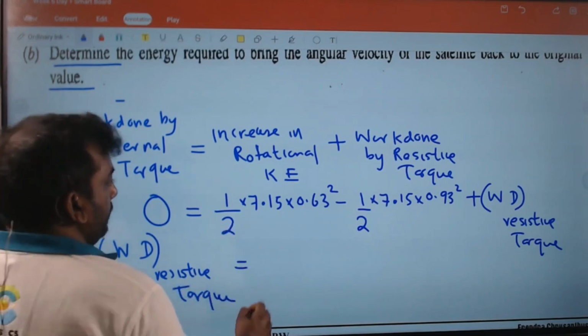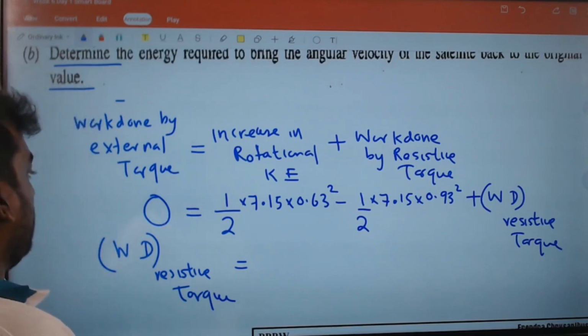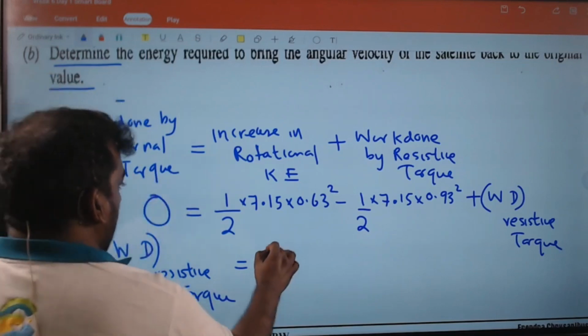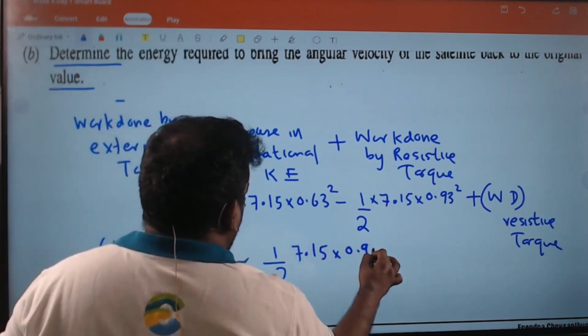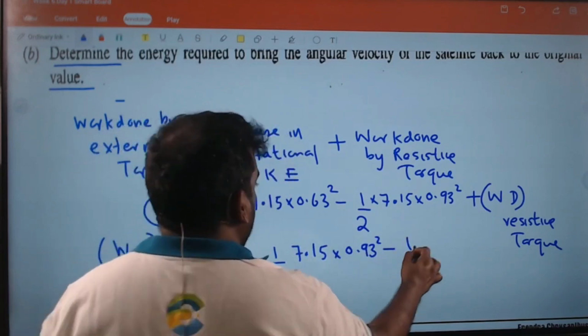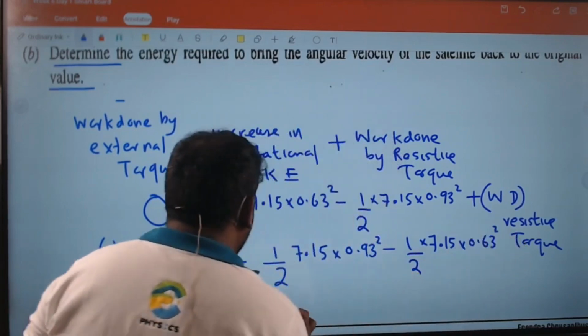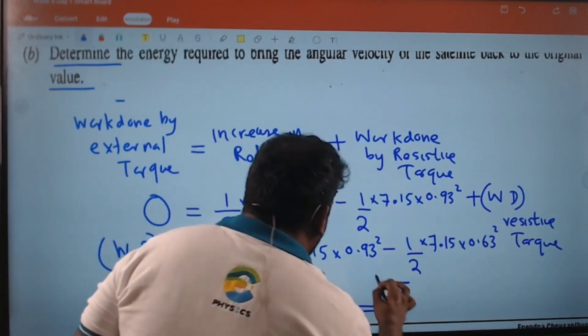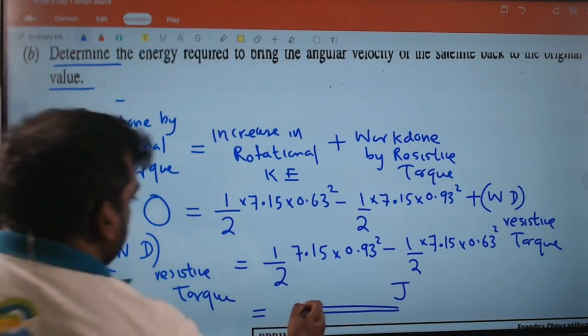Half times 7.15 times 0.93 squared, minus half times 7.15 times 0.63 squared. Work done by resistive torque, how much? 1.7 joules.